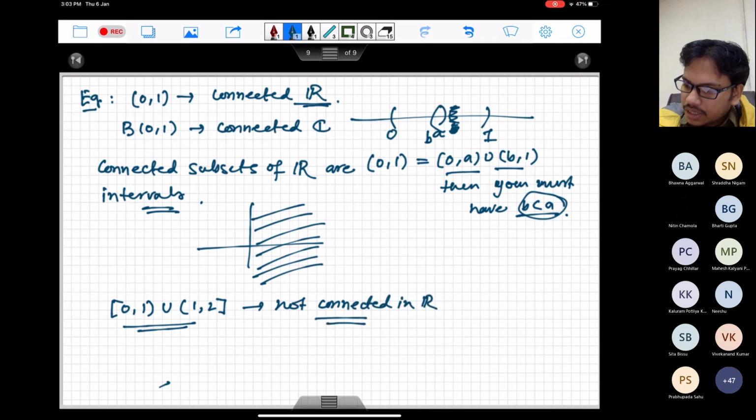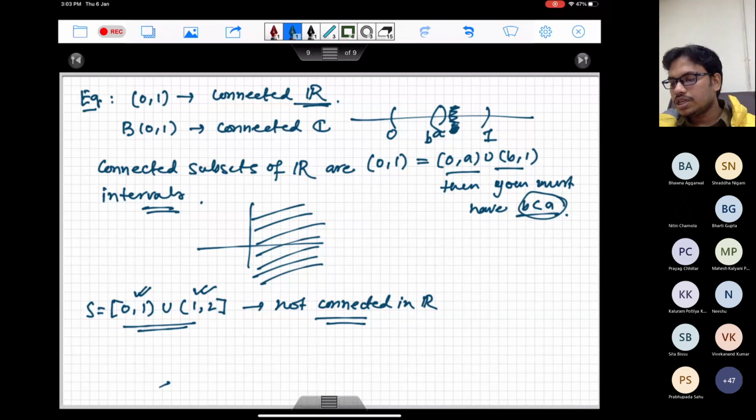For example, you can see that this is a union of this one and this one. Each of them, a priori, is not open in R, that's true, but they are nevertheless open in S. So in the subspace topology, these two are open sets.